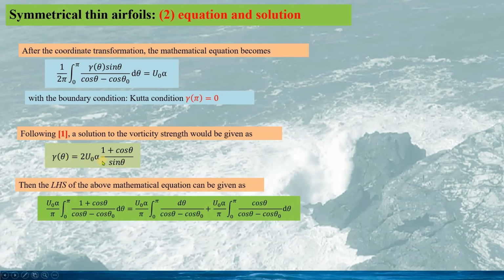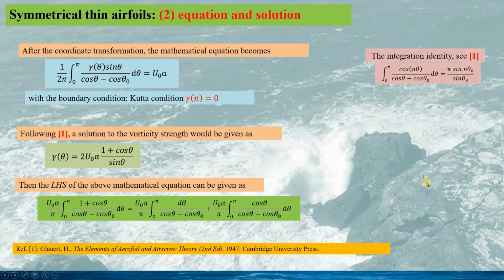If we substitute this vortex strength into the left-hand side of this equation, we can see the value would be given as this, and we separate the integration into two terms. Now we consider the integration identity.